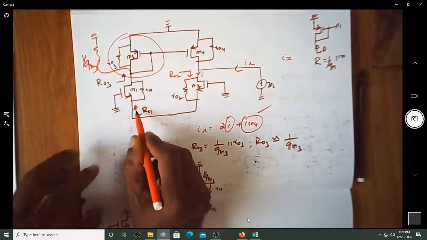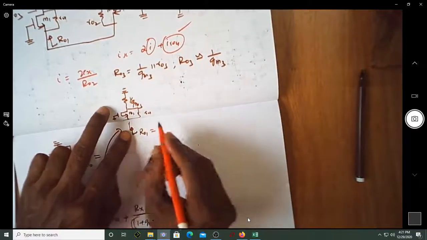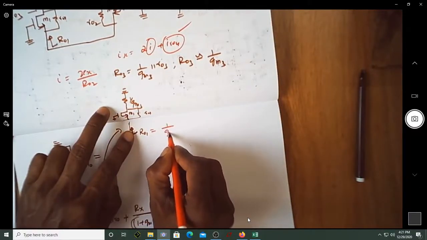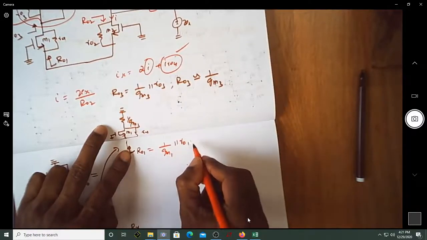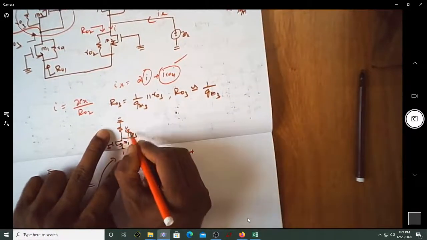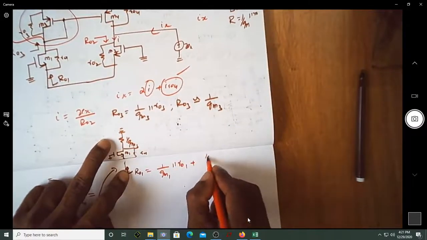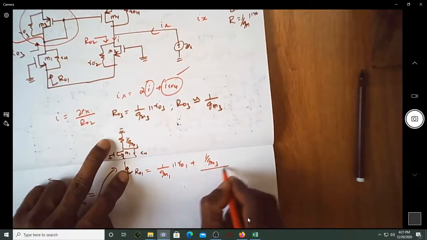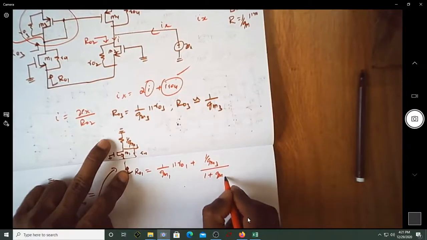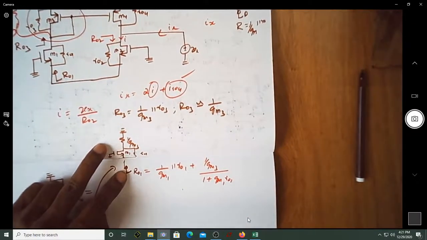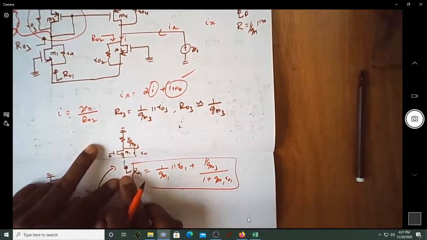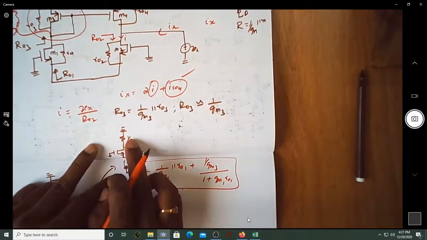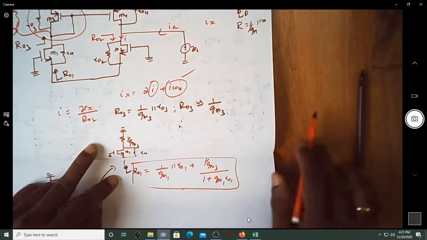If I look from this source, is R01 not equal to 1 over Gm1 parallel with R01 plus the resistance connected to the drain, 1 over Gm3, divided by 1 plus Gm1 R0? This is the resistance looking from the source, because to the drain I have connected an effective resistance of 1 over Gm3.